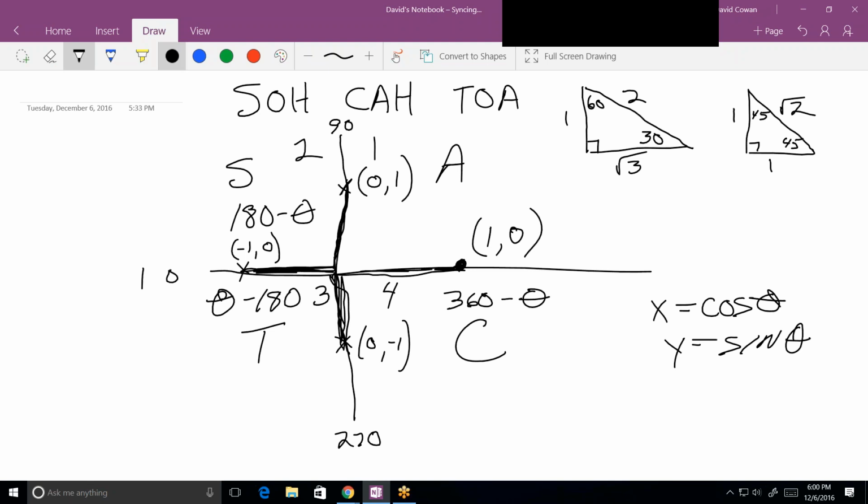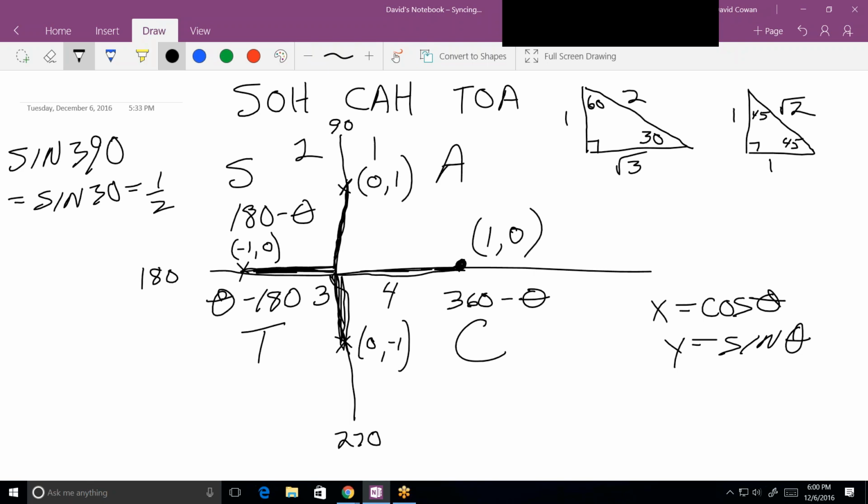Now let's talk about angles greater than 360. If I say, what's the sine of 390, what's the first thing you have to do? Subtract as many multiples of 360 as you can. So that's the equivalent of the sine of 30, so that's 1/2.